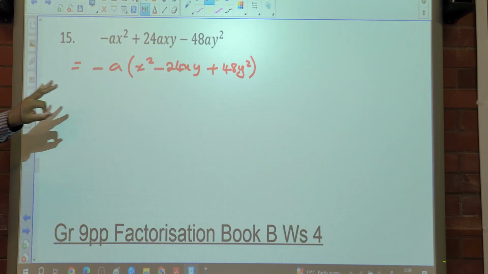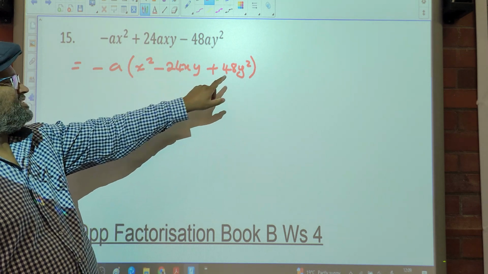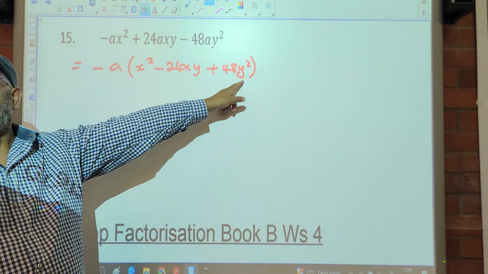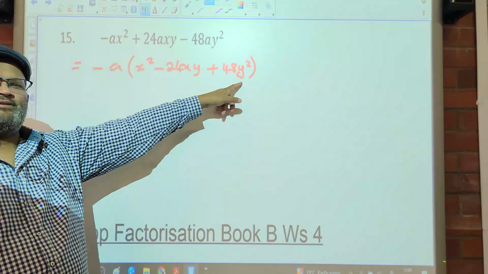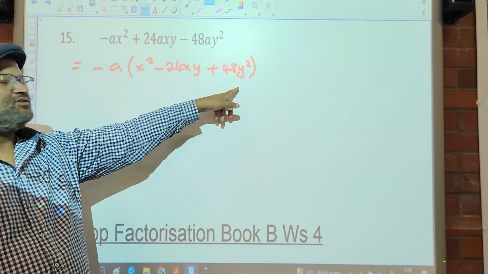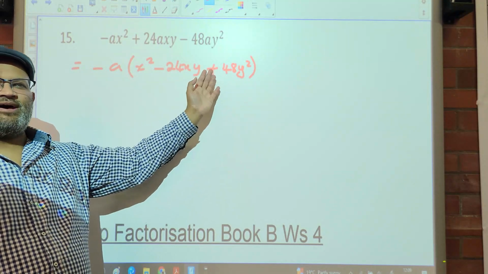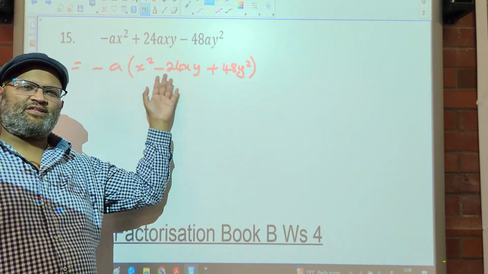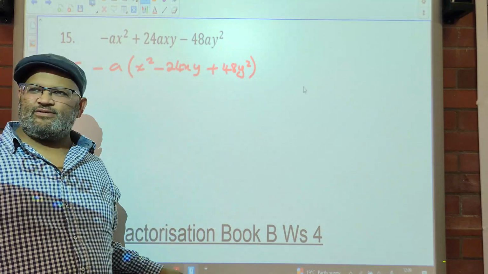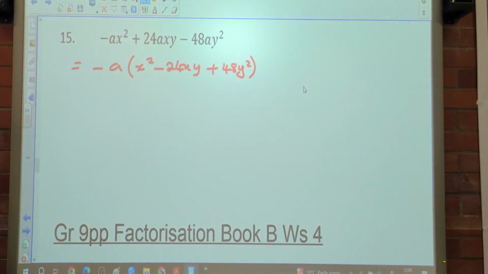Now, there are 3 terms, correct? Is the last term a perfect square? What's the square root of 48? It's not a perfect square. So am I going to force the trinomial to factorize? No. I leave it like that. Okay. Any confusion there?